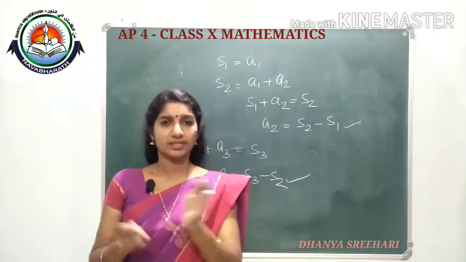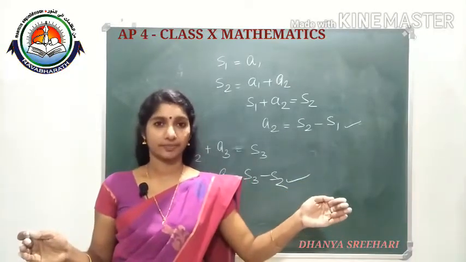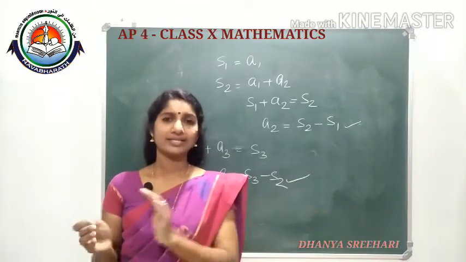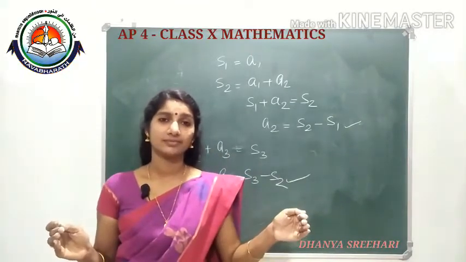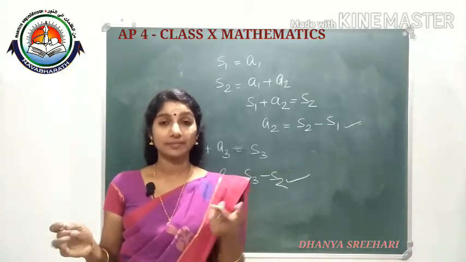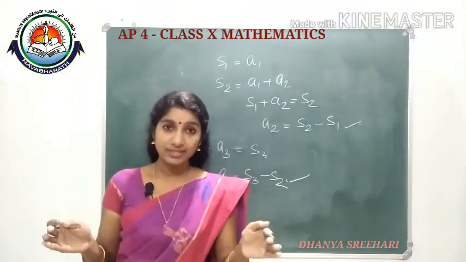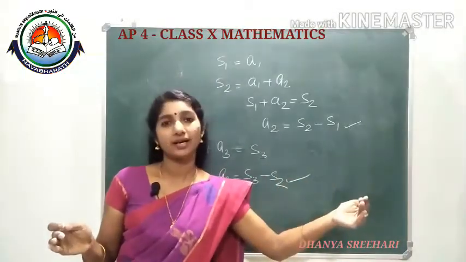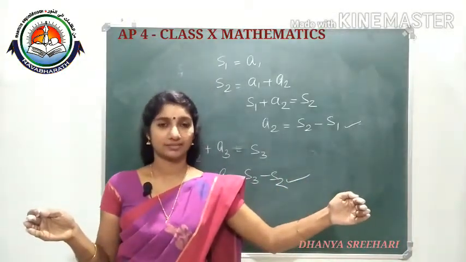Correct, no? Suppose there are 100 terms, finding the sum of 100 terms. What is the sum of 99 terms? Actually, the 99 terms sum plus the 100th term will make the sum of 100 terms.